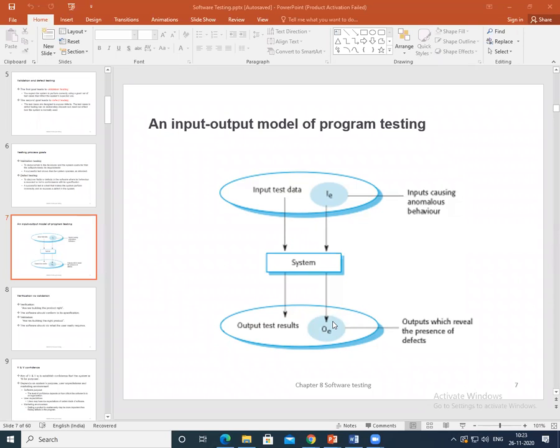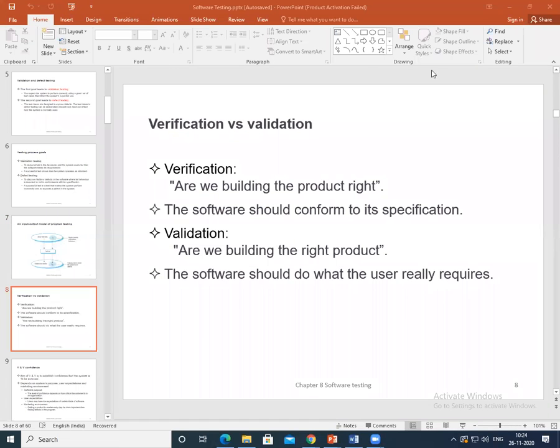Validation testing involves testing with correct input that are outside the input IE. So this is the systematic representation.